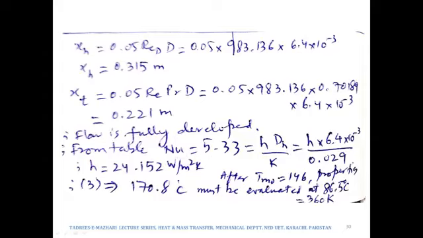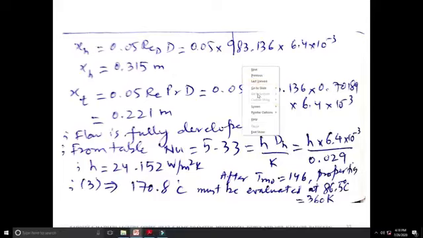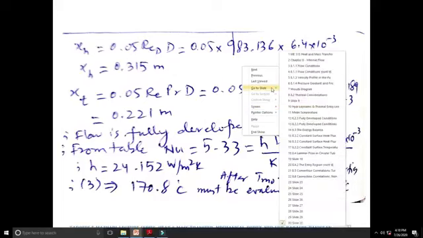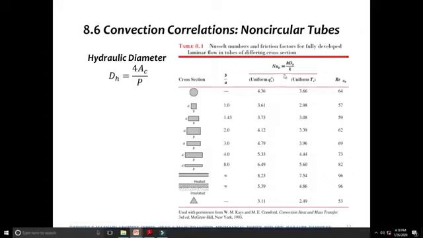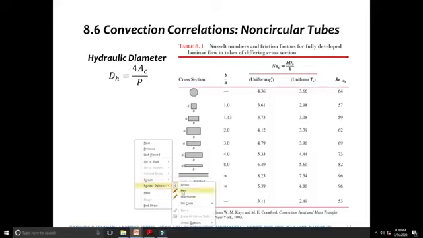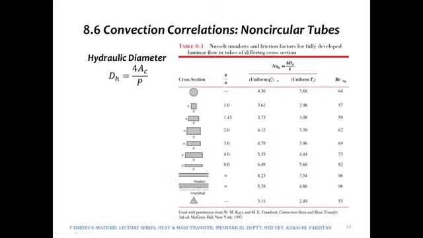If you recall, now those values will not be 4.3 and 3.66, rather since it is not circular, we need to refer to this last slide which we were discussing, this slide. So this is the table which we will use to find out the value of the Nusselt number, and our case is that of the uniform heat flux.